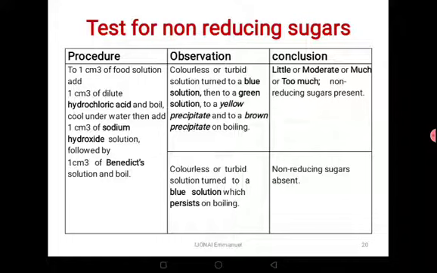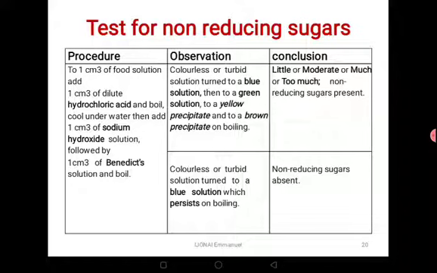Or you can say the non-reducing sugars have not been converted to reducing sugars, or non-reducing sugars not hydrolyzed to reducing sugars. Yes, so reducing sugars absent because non-reducing sugars not hydrolyzed to reducing sugars.